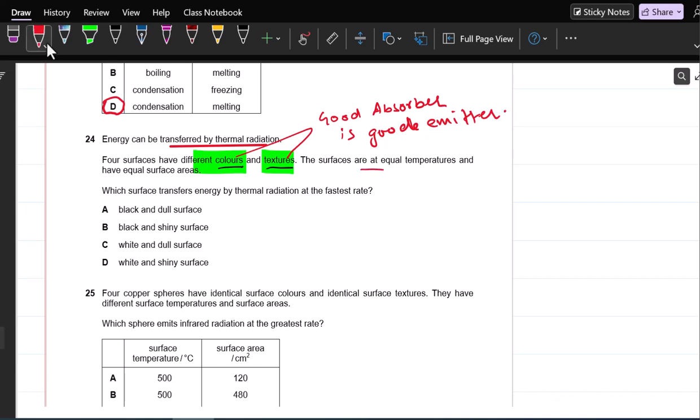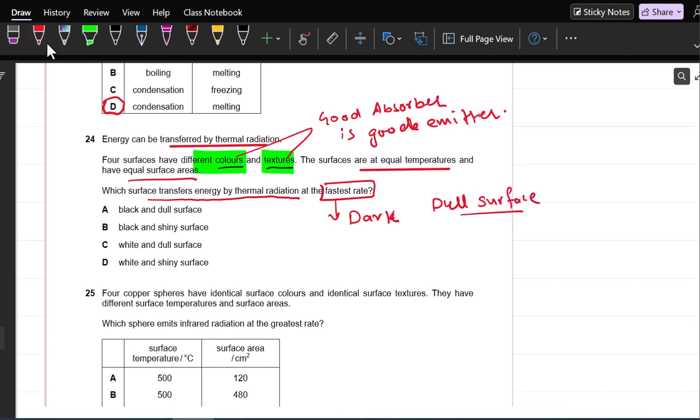The surfaces are at equal temperatures and have equal surface areas. Which surface transfers energy by thermal radiation at the fastest rate? Remember that dark colors absorb energy more and they emit energy more as well. So dark color is going to be the fastest rate, and dull surface also.